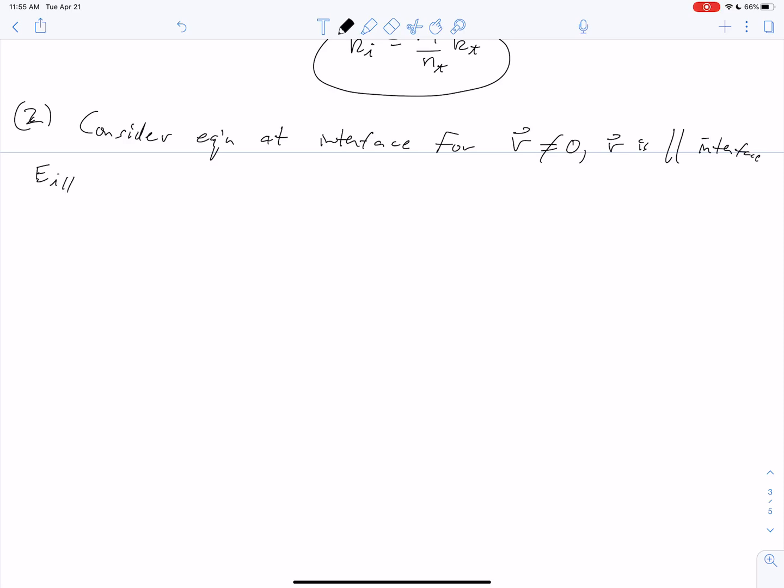We see that the parallel component of the incident field at the interface, multiplied by this phase factor, plus the parallel component of the reflected wave multiplied by its phase factor, has to be equal to the parallel component of the transmitted wave multiplied by its phase factor.